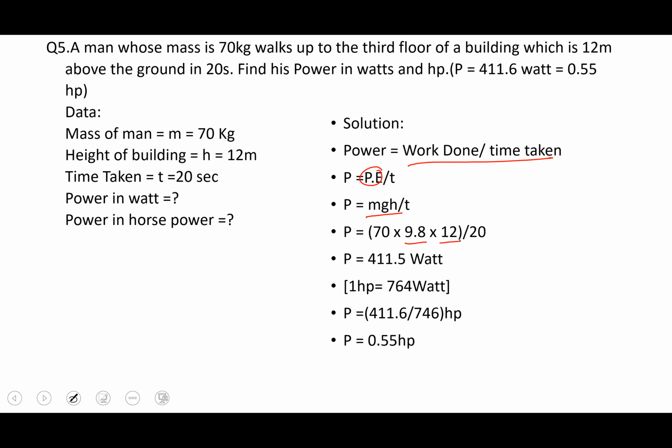So the power we get from this formula is 411.5 watts, which was the right answer. When we convert watts into horsepower, 1 horsepower is equal to 746 watts. So we divide the watts by 746. So we get 0.55 horsepower, and that is how we get the answer.